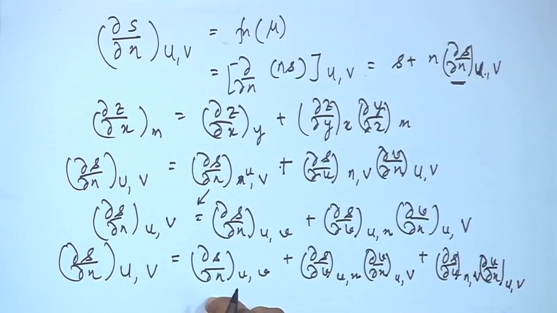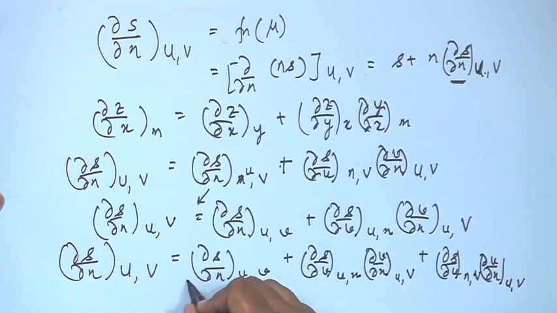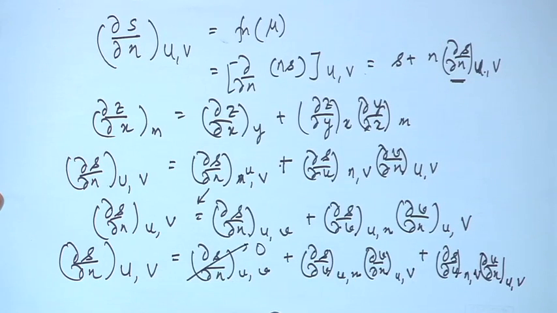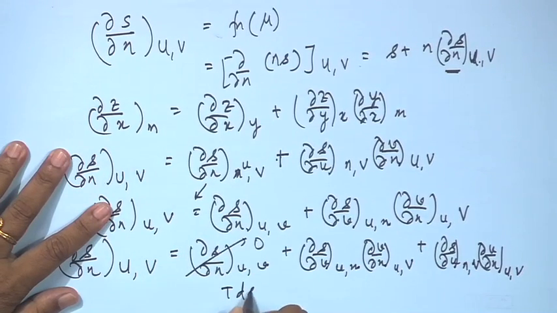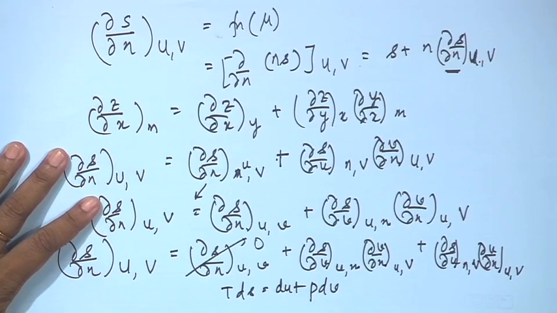Now, if you observe this equation, what do you find? The first term, del S del N at small u, v, this becomes equal to 0. What about this term? Here I would like to remind you that TdS equals dU plus PdV, right.